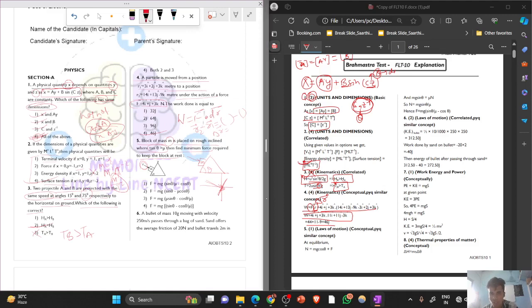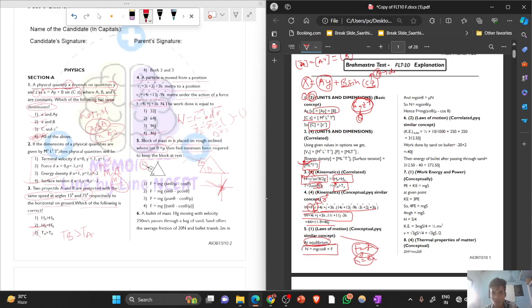Now, looking at the solution, at equilibrium, in the perpendicular direction there is equilibrium, and in the horizontal direction there will be equilibrium. In both the directions there will be equilibrium, so you can write the equilibrium equations. In the normal direction, you have N equals mg cos theta plus F, and in the horizontal direction, friction is acting and then mg sin theta is acting.